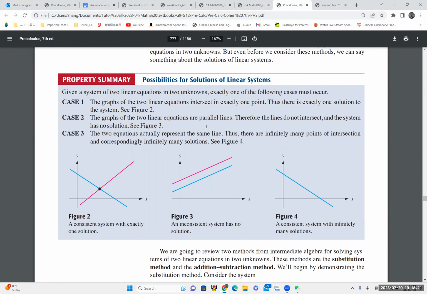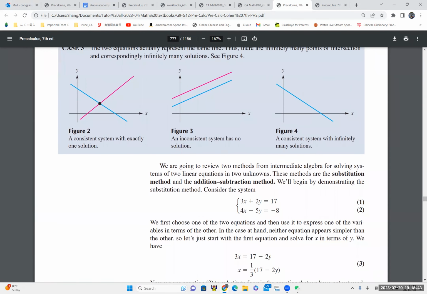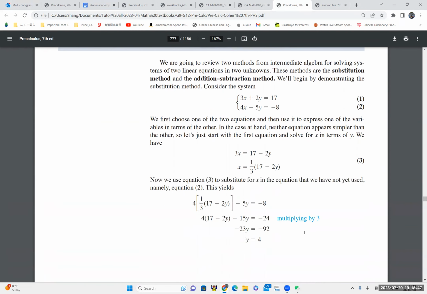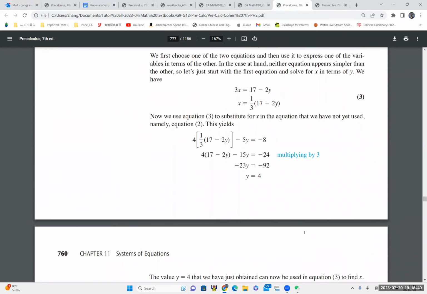Then for two lines, there are three different cases. Just intersect at one point. Parallel lines means no solution. Or collinear lines means infinitely many solutions. Each point on this line is a solution. That's what we learned from algebra 1 or algebra 2.